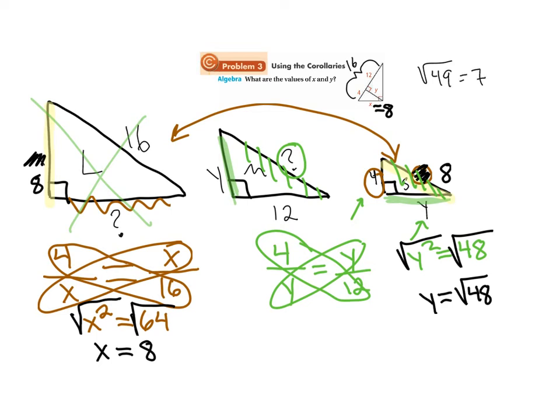So the square root of 48 should be very close to 7. So if you play with your calculator, if you aren't already aware of how to do a square root, you should find that the square root is approximately equal to 6.93. Just under 7, which we suspected because of the square root of 49 being so close.